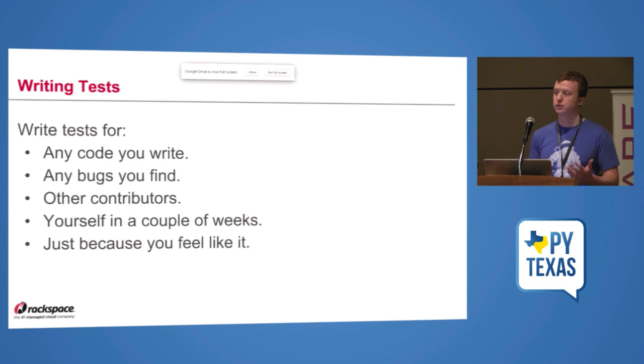The tests are only going to be as good as you write them, but the effort that you put into writing tests as you're writing code will pay dividends by, I don't know, 100 times. Because every time in the future that you make changes to your project, you can go back and run these tests and still have some confidence that your program is still running the way you expect it to.